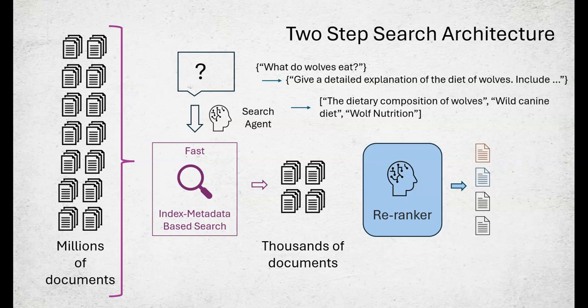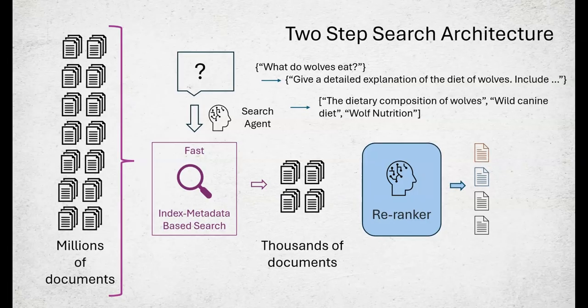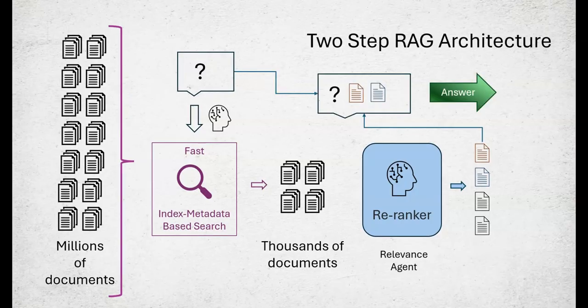Then that turns into a series of search terms: the dietary composition of wolves, wild canine diet, wolf nutrition. These better search terms allow the search to cast a wider net and to give more context in the search. The more expensive re-ranker sorts the documents based upon relevance, and then the top documents are added to the prompt to produce the answer.